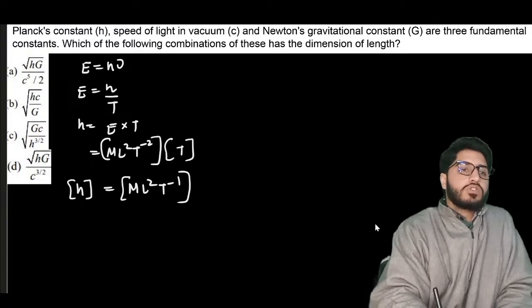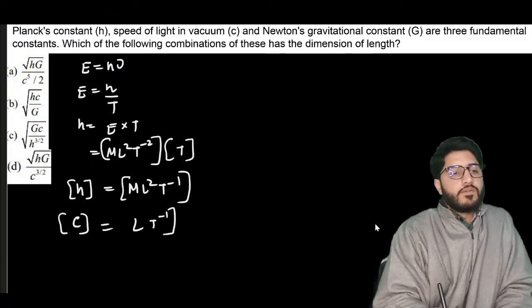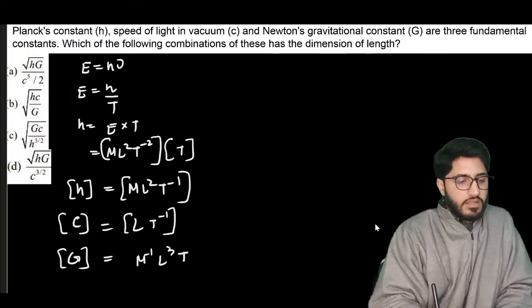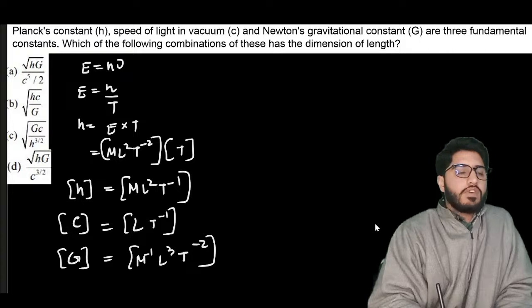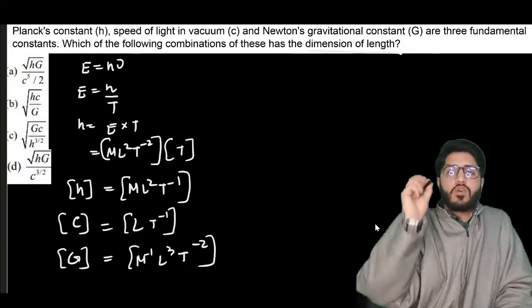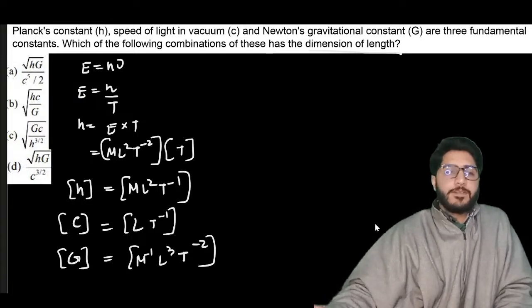Right? Then we have speed of light in vacuum c. So what is c now? So c is lt minus 1. G, what is the gravitational constant is G. So G is equal to m minus 1 L3, then T minus 2. So we need to get what? Dimensions of only length. So we have to cancel out all the different quantities, that is M and T. How we can get it?